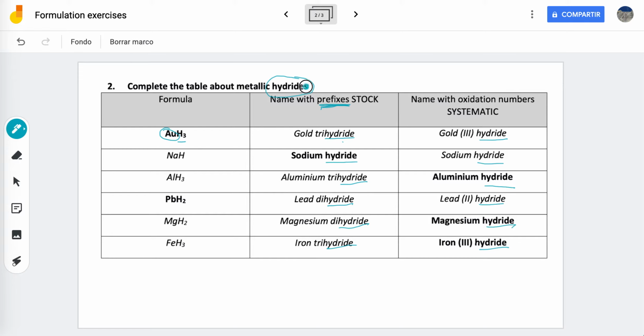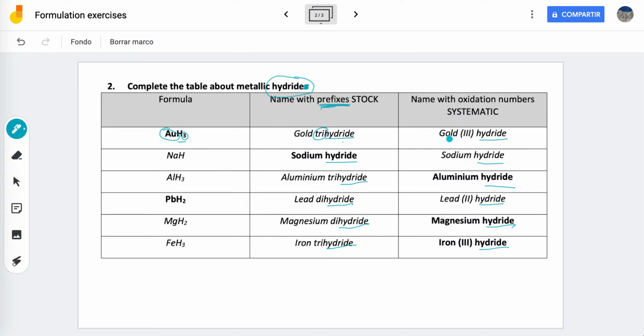We erase this S, and we will have the final name of the stock and the systematic name. Good. Gold 3 hydride, because we have 3 hydrogens, that's why we use the prefix 3.